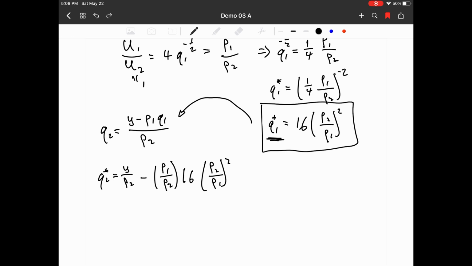And this is going to cancel with one of these two, which just leaves us Q2 star is equal to y over P2 minus 16 times P2 over P1. All right.